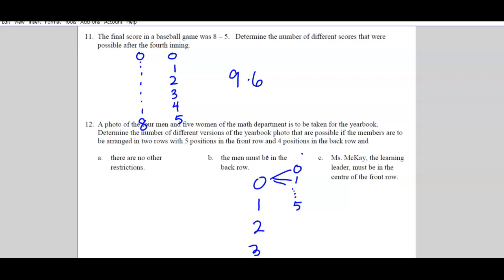Again, you could do a smaller version of it if you needed to. But it's just a tree diagram. For each of these, as your first score, what's your possible second score? 0 through 5. So there's 9 possible first scores. For each of those, there's 6 possible second scores. 9 times 6 is 54.